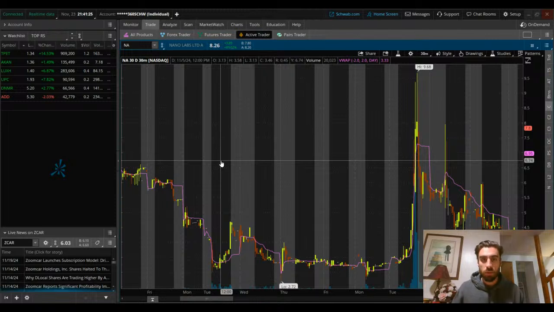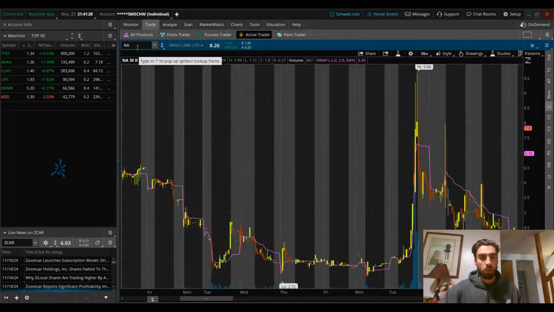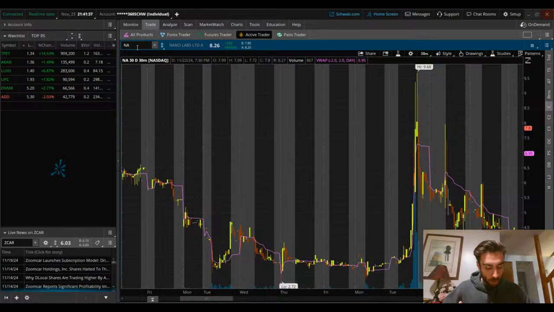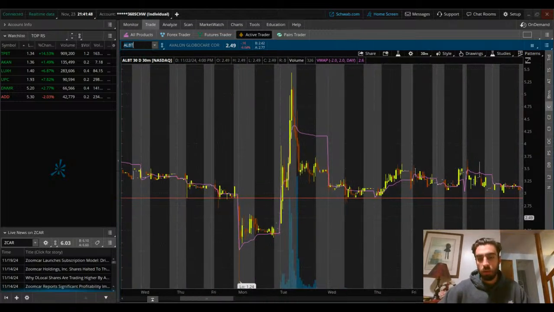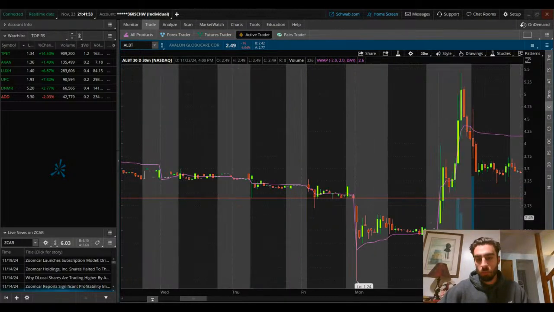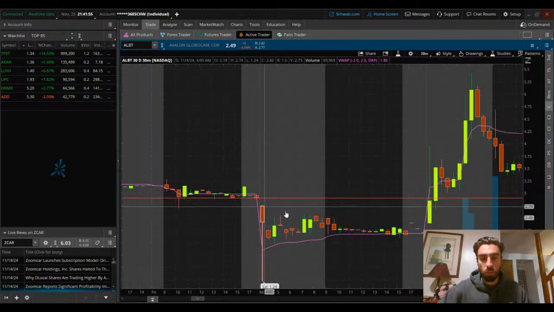So the observations from these charts are: anything near 1, of course, that's the whole premise of the play. Anything near 1 is going to pique my interest. Anything that makes a low and reclaims and holds that low with these candles, the best example I have is probably ALBT, where you have this really low wick and it just shoots back up.